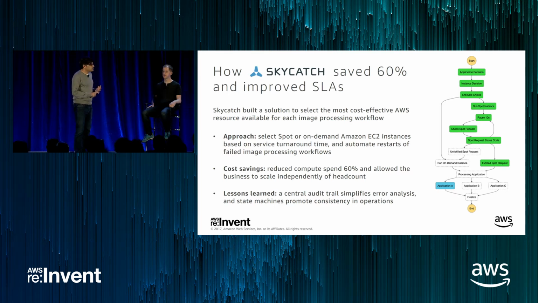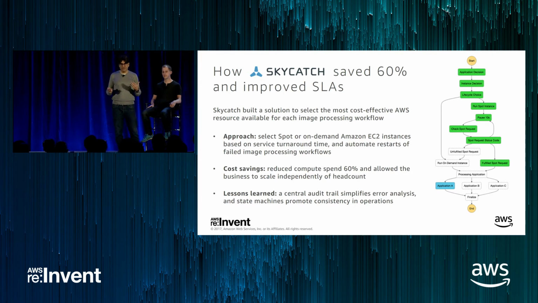Their state machine chooses between a spot EC2 instance and an on-demand instance, and they can give up on the spot auction if they're running out of time to complete the job. So they first go into a first state, which says, how big is this job, when is it due? And if there's enough time, go to a spot auction. And if the spot auction doesn't yield an instance in time, they can default over to an on-demand instance to complete the job on time.